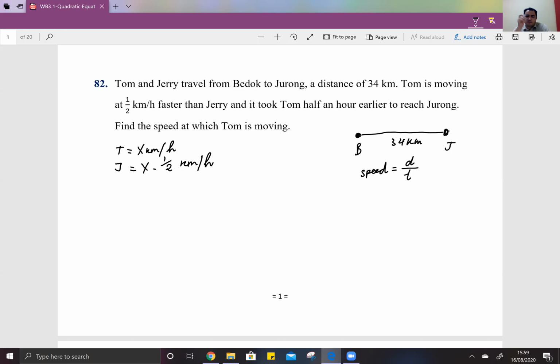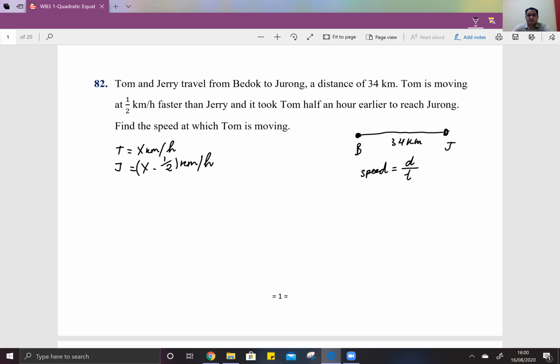Yeah, but when you write an expression, you'd better write it in parentheses, x minus 1 over 2. Can you put them in parentheses, brackets? Oh, okay.